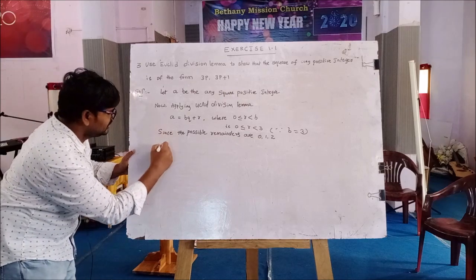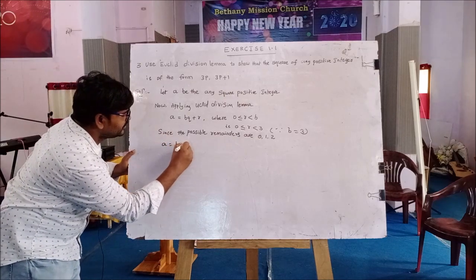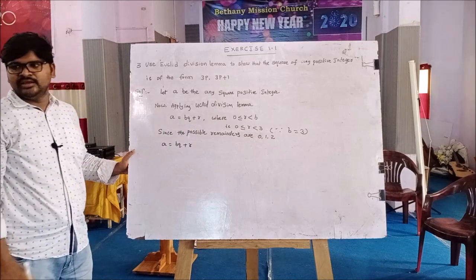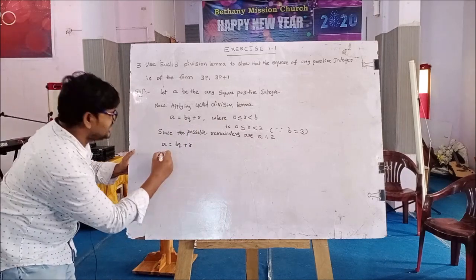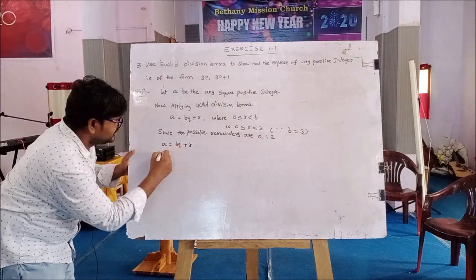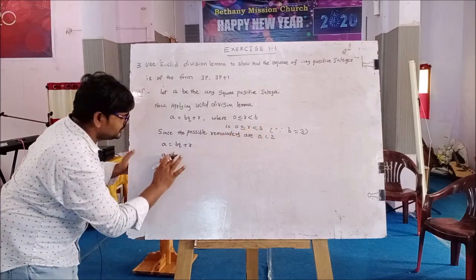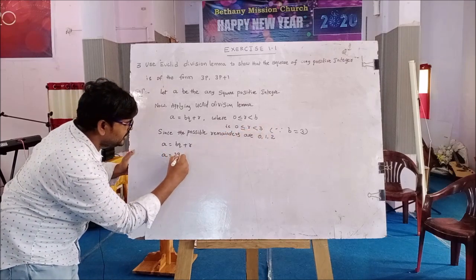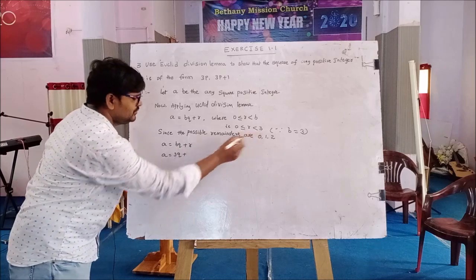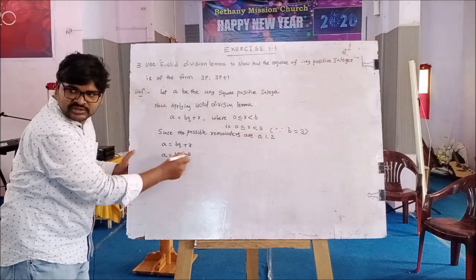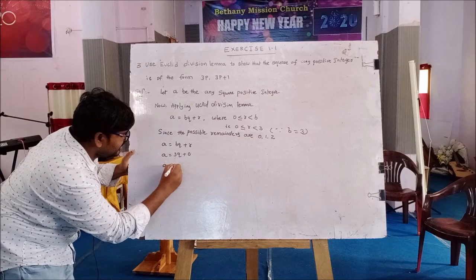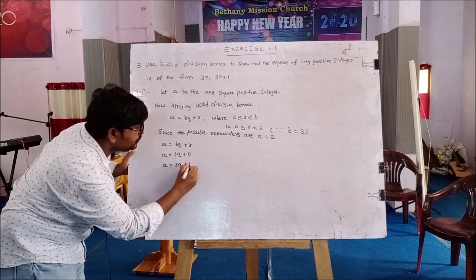Now here a equals bq plus r, where q is the quotient. The value of b equals 3, so a equals 3q plus r. With r value 0, a equals 3q plus 0.